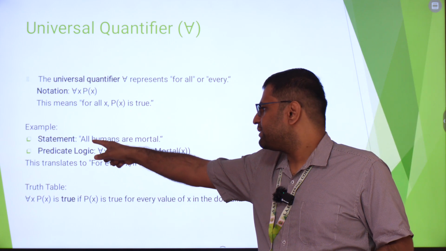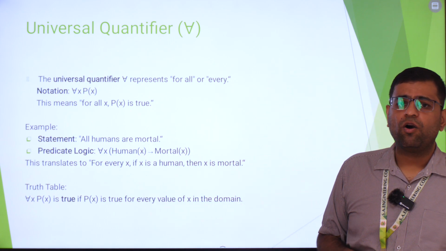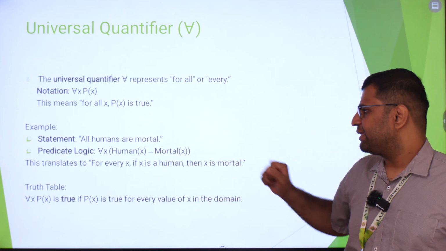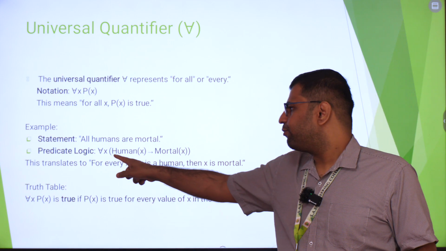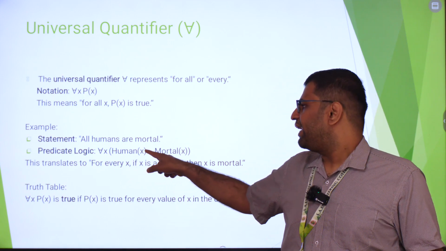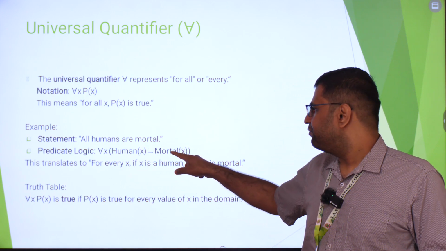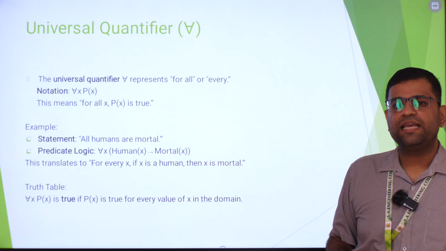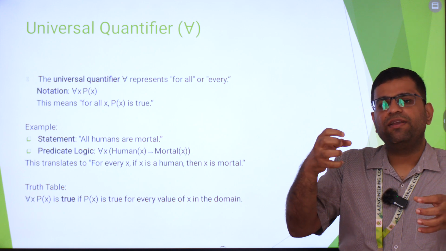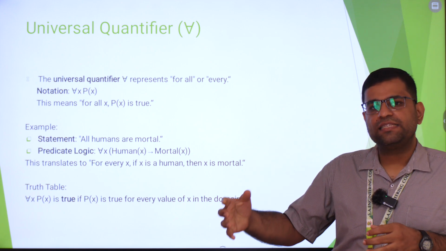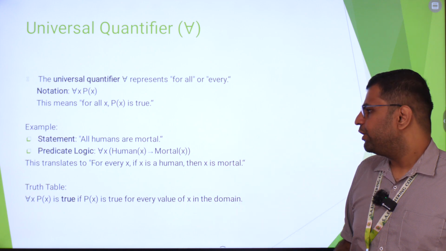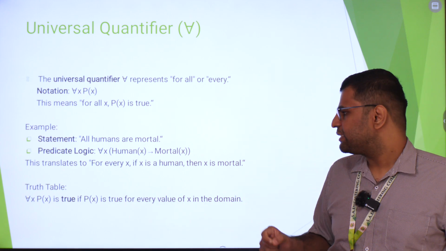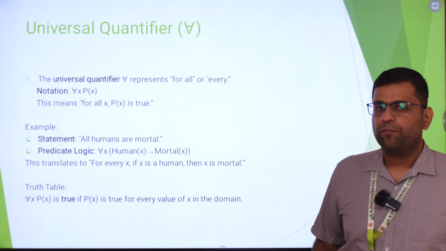An example is the statement: all humans are mortal. The predicate logic is expressed as: for all x, where x is a human, x is mortal. So first we establish x is a human, and then say x is mortal. The truth value is true if each and every value in that domain is true.